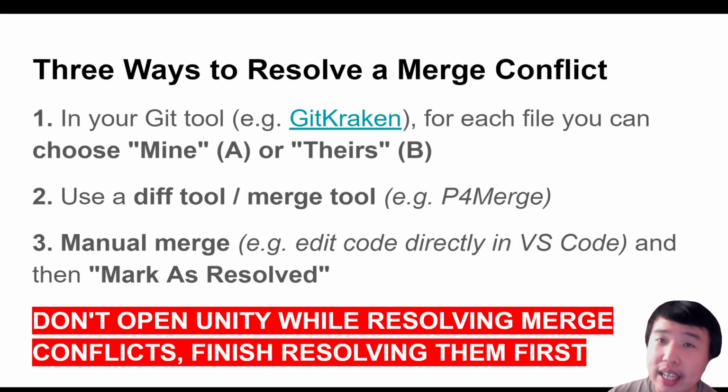So it actually breaks every file when there's a merge conflict. And Unity will try to open it and will start just screaming and yelling at you, and it's not good. So do not open Unity while doing a merge conflict. Only open up your code editor if you want to do some code stuff. But otherwise, do not open Unity. It's just going to be bad news.